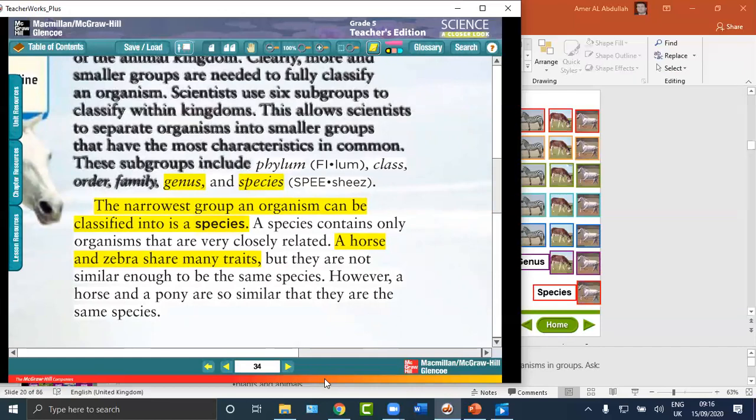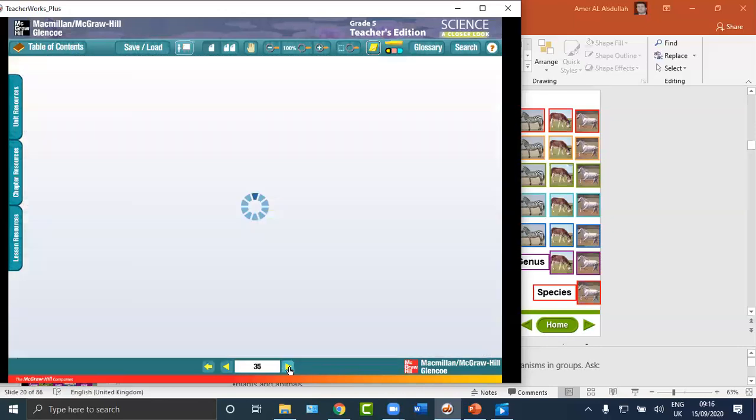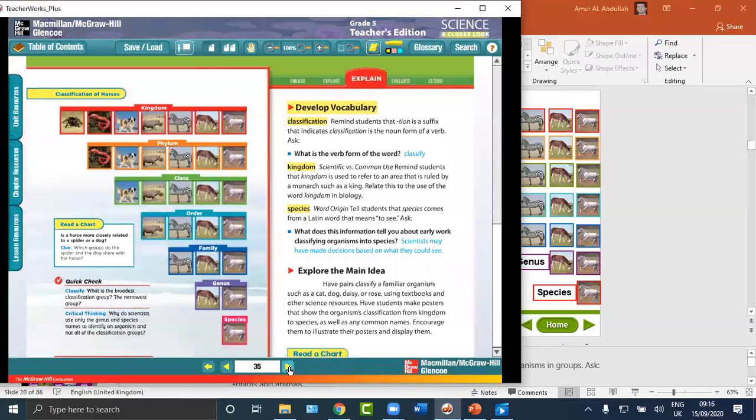If you look to the figures, what is the difference between a horse and a zebra? Horse and zebra share many traits. You can look at page 35. Open your book, page 35.